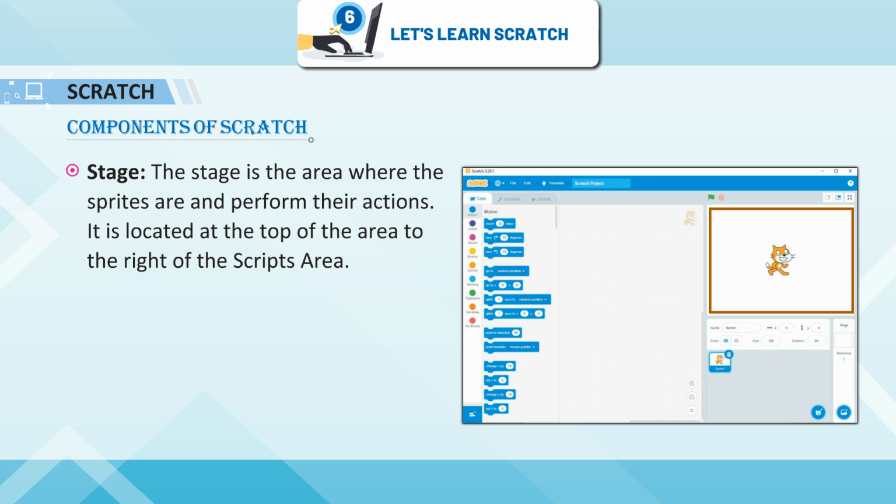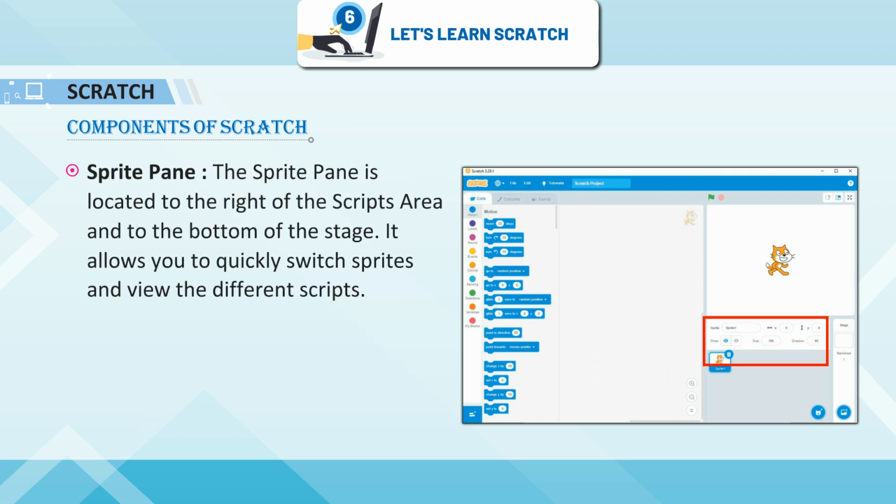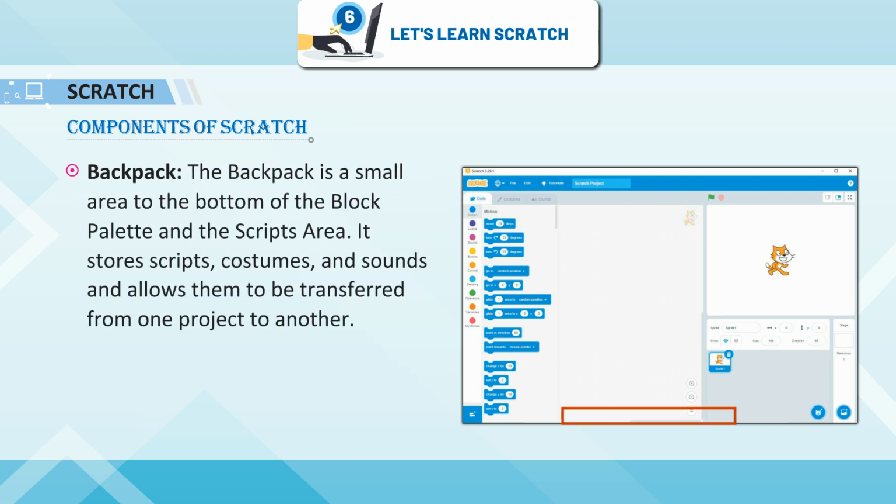Stage. The stage is the area where the sprites are and perform their actions. It is located at the top of the area to the right of the scripts area. Sprite pane. The sprite pane is located to the right of the scripts area and to the bottom of the stage. It allows you to quickly switch sprites and view the different scripts. Backpack.